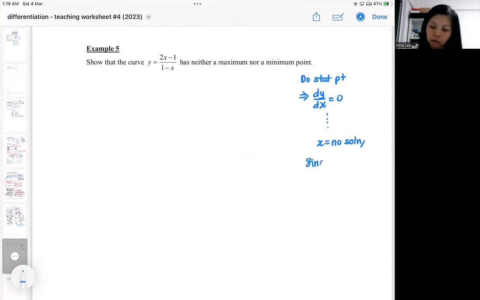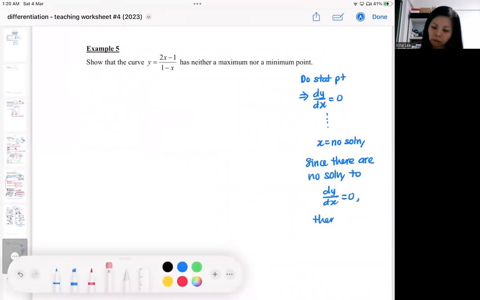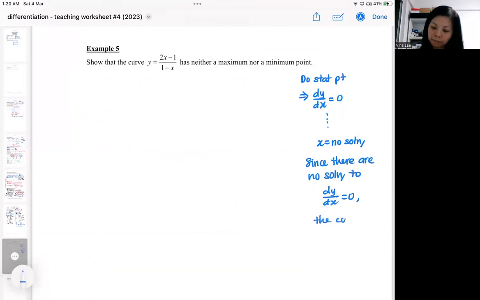So since there is no solution to dy dx equal to 0, then the curve does not have a maximum or minimum point. So this is one approach that you can do.